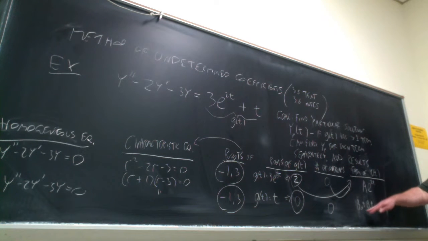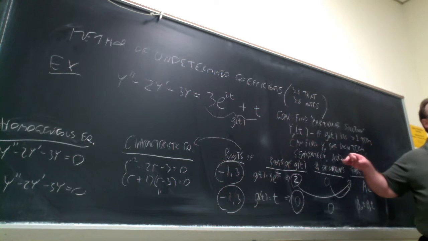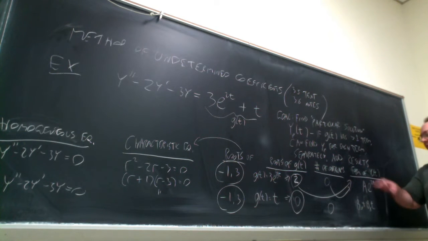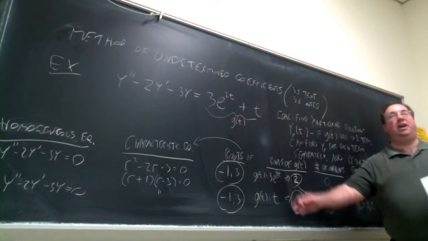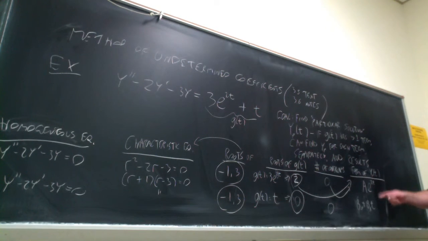I have a general polynomial of degree 3. So the roots give you exponentials, sines and cosines, and that'll be reflected over here. But if there's a polynomial multiplying all of that, then also multiply by an arbitrary polynomial of the same degree here. Okay, so now we have, for both cases, a form of a particular solution.